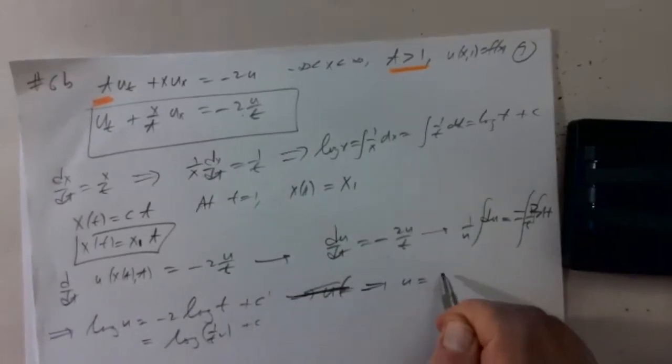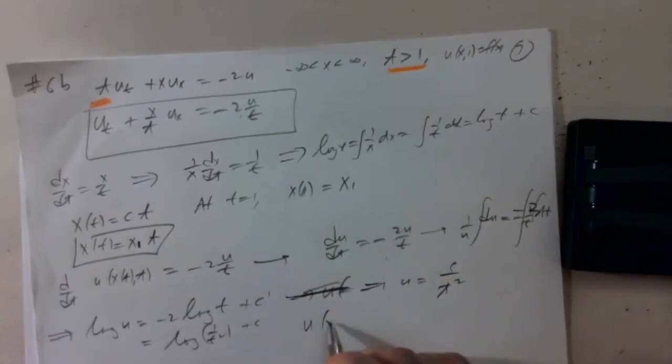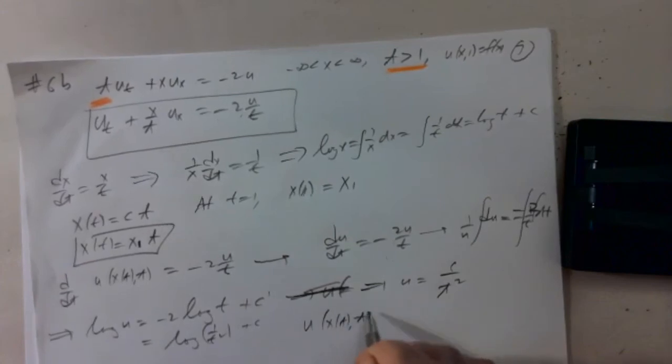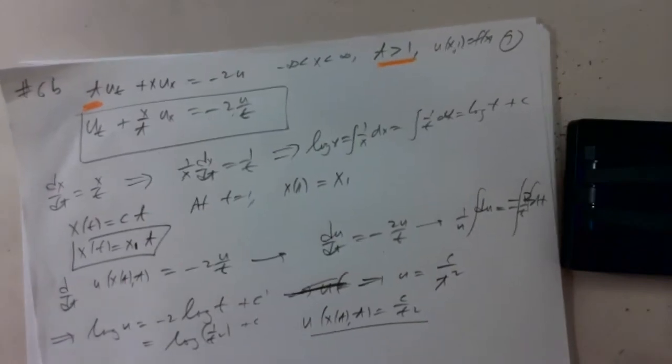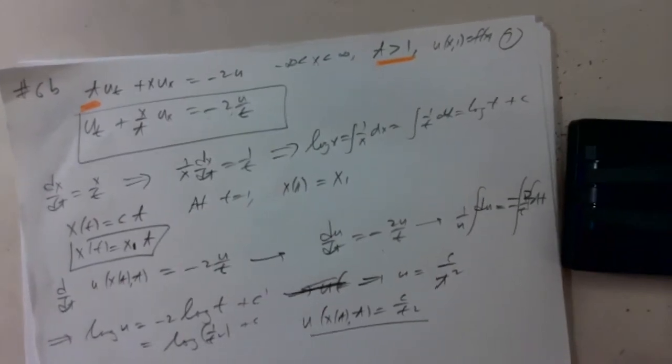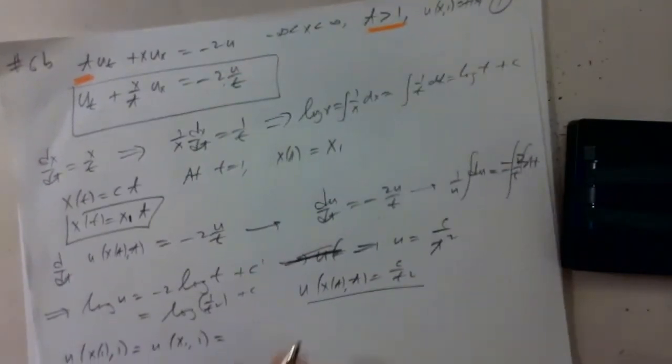So u equals some constant over t squared. So u of x of t comma t is a constant over t squared. What is the constant? u at x1 comma 1 is just my initial condition.